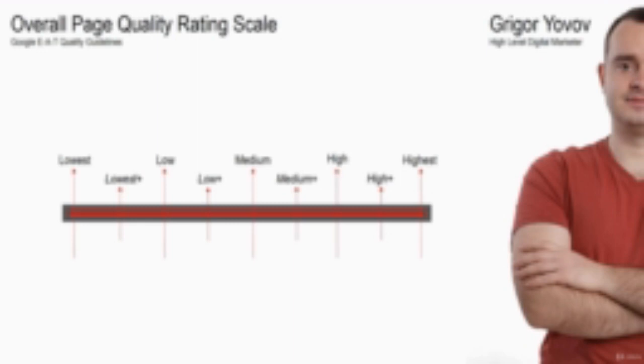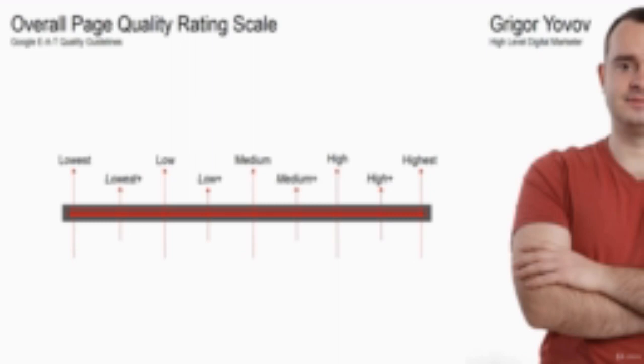Hello, this is the overall page quality rating scale, and it has 4 major grades, which are lowest, low, medium, high, and highest, and 4 subgrades, which are lowest plus, low plus, medium plus, and high plus.